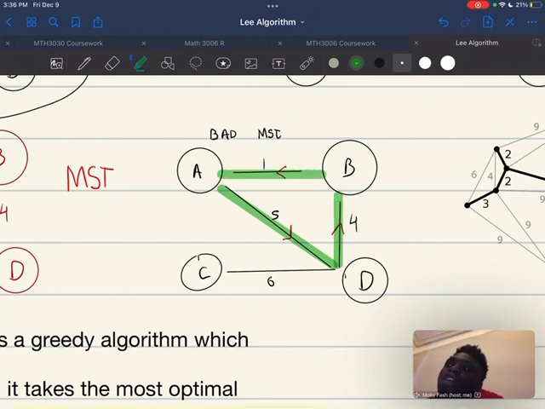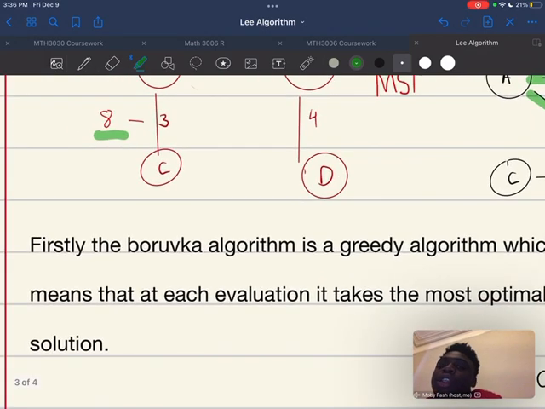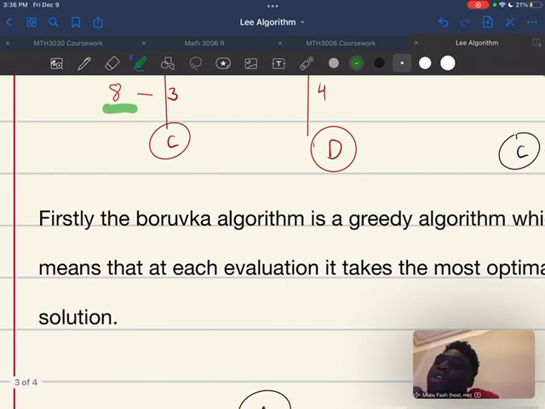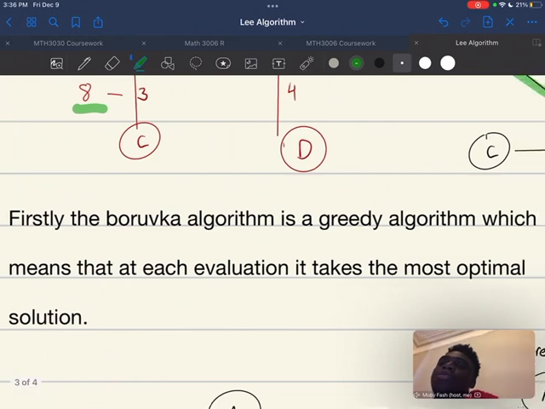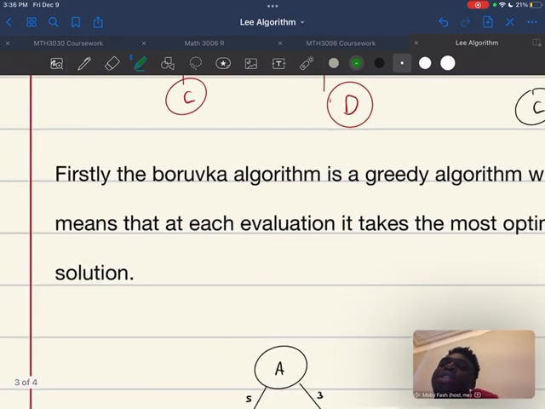Okay, let's continue. The Boruvka algorithm is also a greedy algorithm. This means that during each step of evaluation, the most optimal solution is taken.